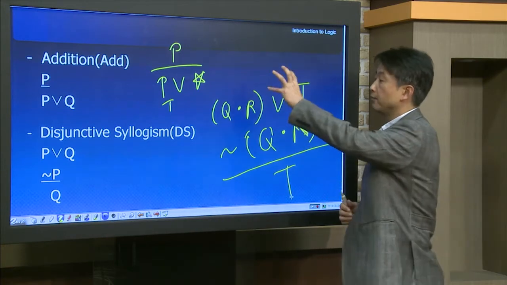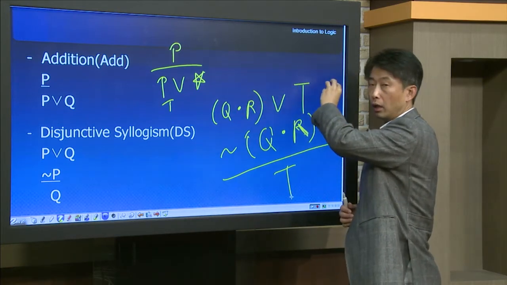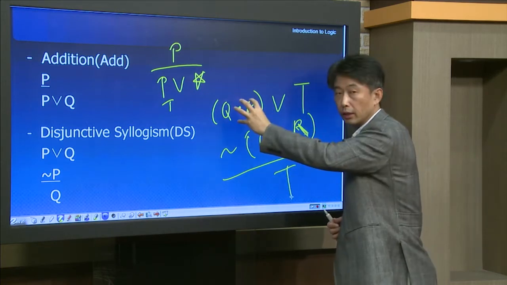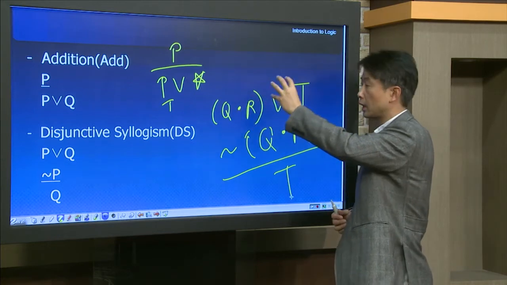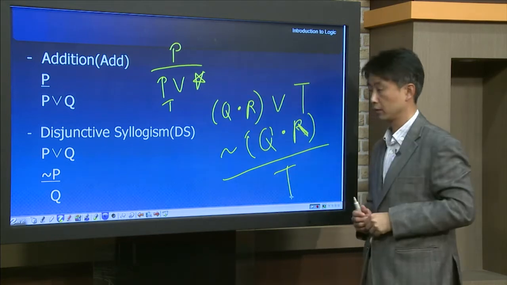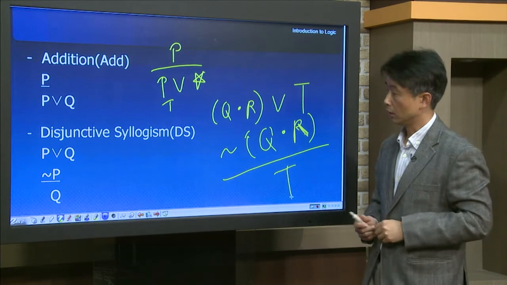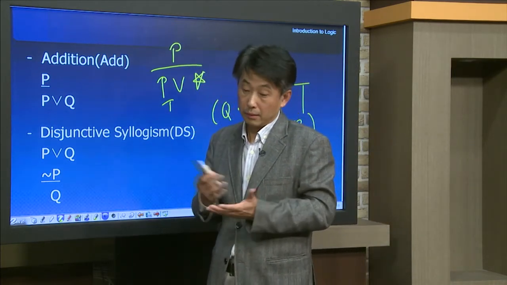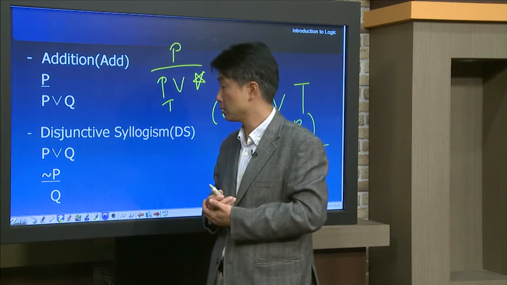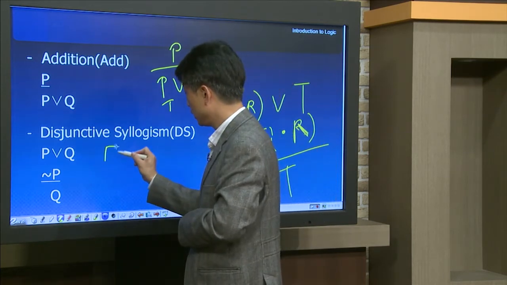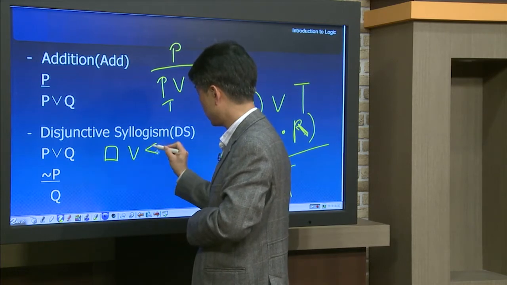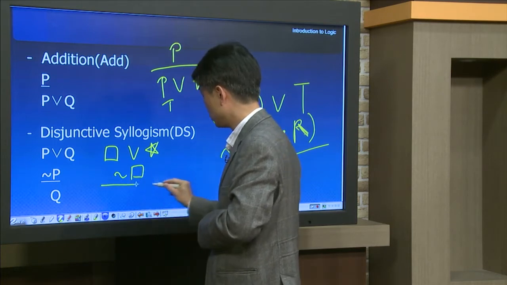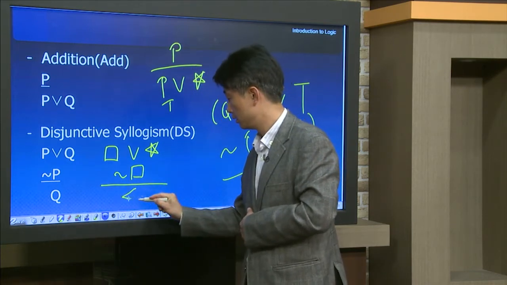DS says you have something or another, and you have the negation of something. Then you can derive the other, T. So I think it's less misleading to write down the rule DS by saying: something or another, and the negation of one of them, then you can derive the other.